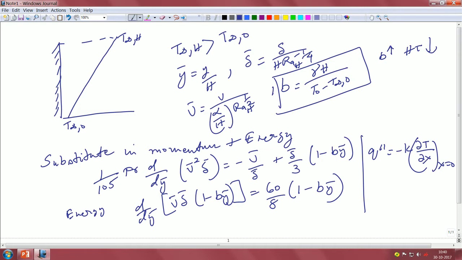Now, if you do the integration, I mean you solve these equations keeping the variables in consideration, your main target is to find out that q double prime that you have over there. So, if you do it, the q double prime will come out to be, let us go to the next one.